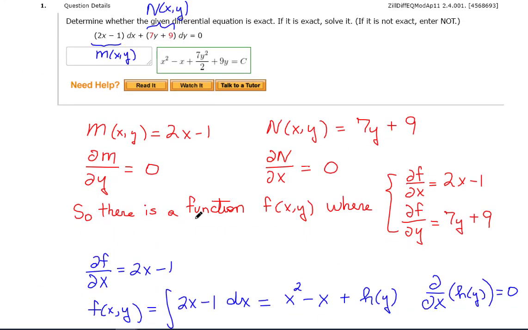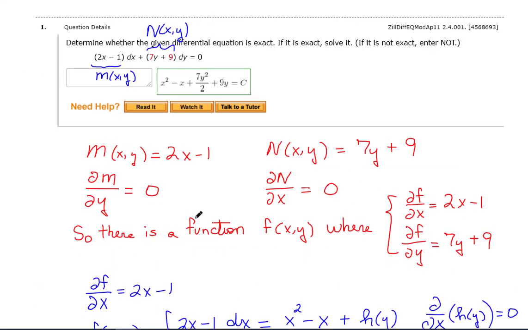All right, so let's see here on question 1. We have it written in the form, so here's M, here's N. I'd like to see if it's exact or not. All right, so I need the derivative of M with respect to y.